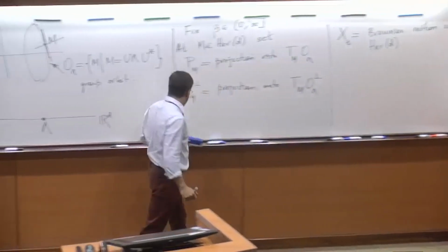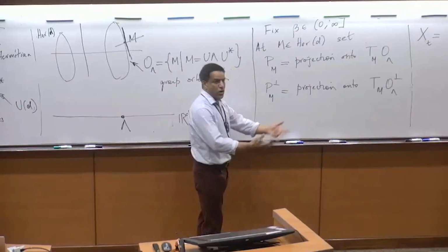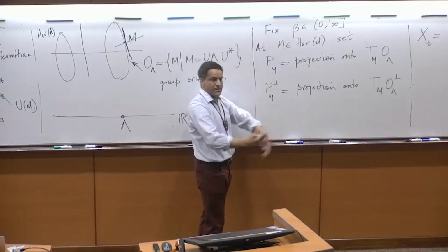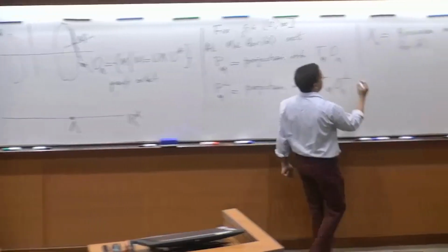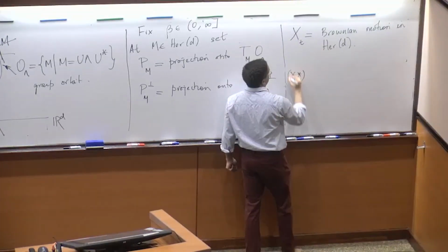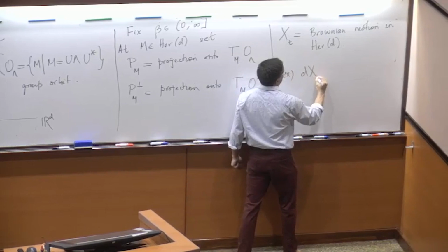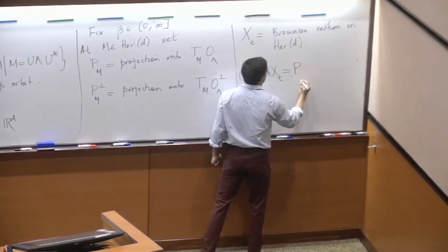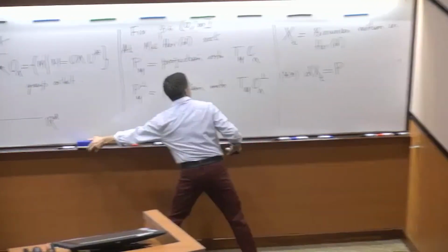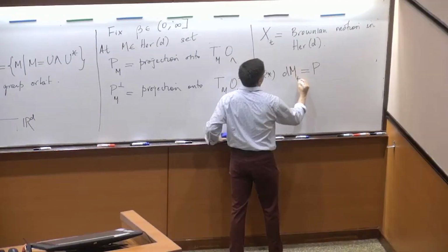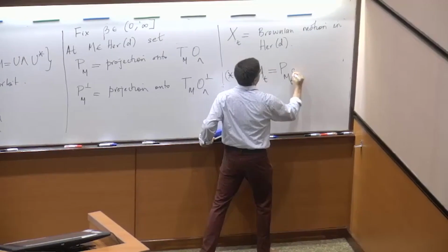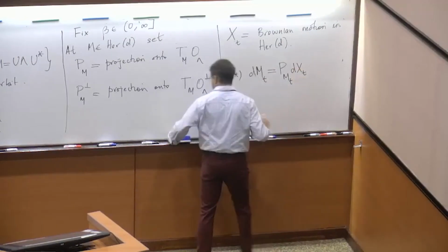So it's always like you've got your ambient noise, and when you're writing out your SDE, you're writing out an SDE with respect to this noise. Okay, so the SDE that we're going to write out is dM_t is the projection at M_t, dX_t.